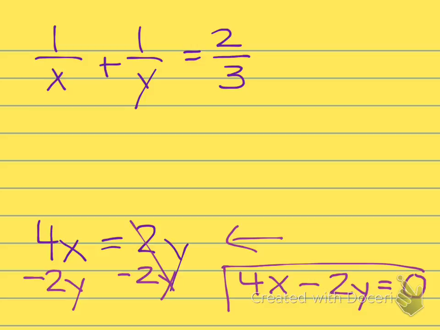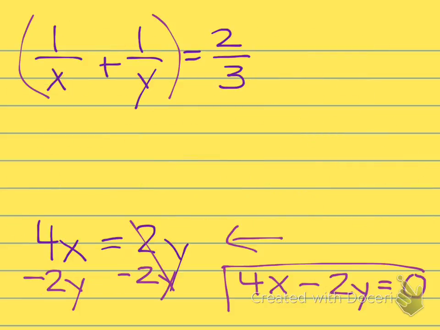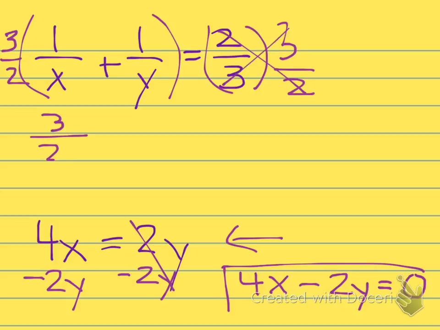Now the top equation I need to multiply by 2 over 3 as a reciprocal, because I need to cancel out the fraction. So I get 3 over 2x plus 3 over 2y equals 1. So that cancels out one fraction.